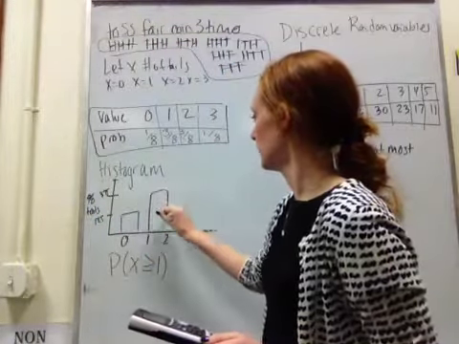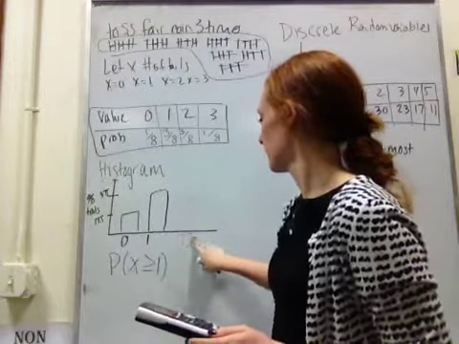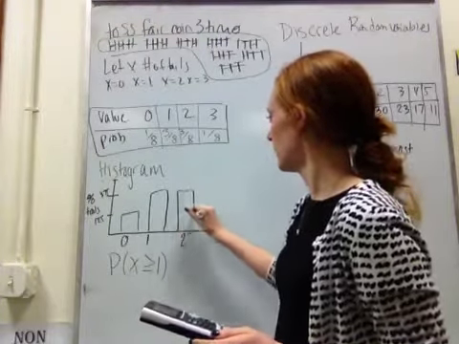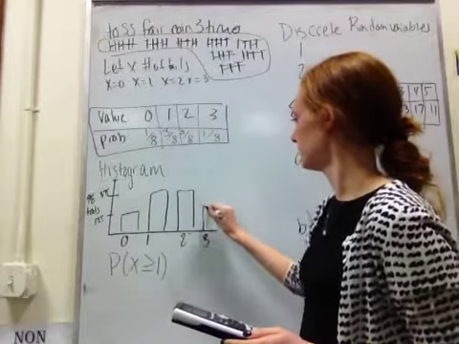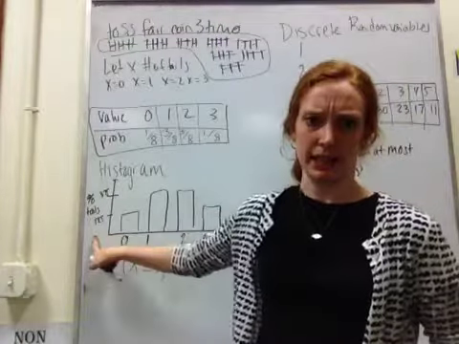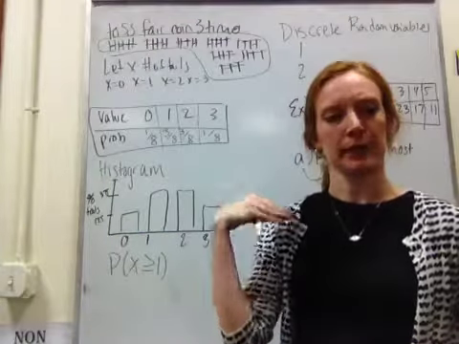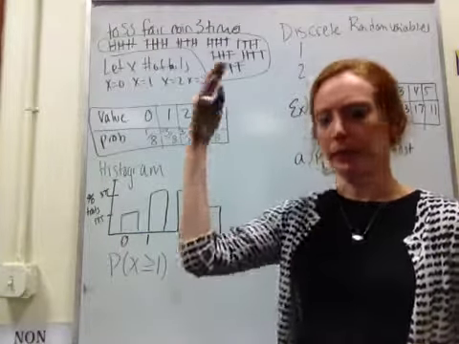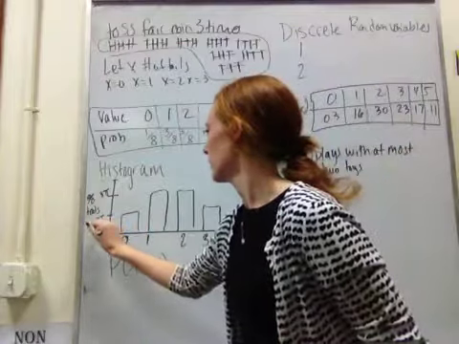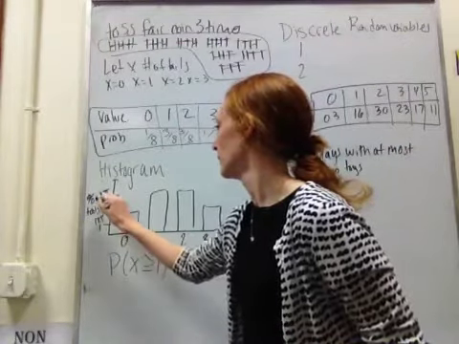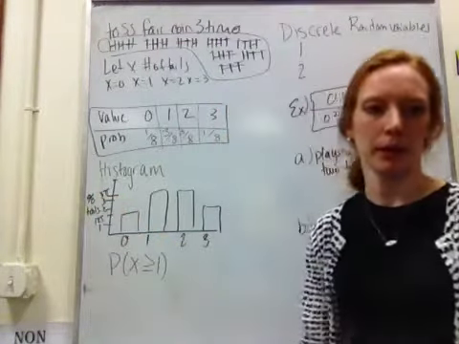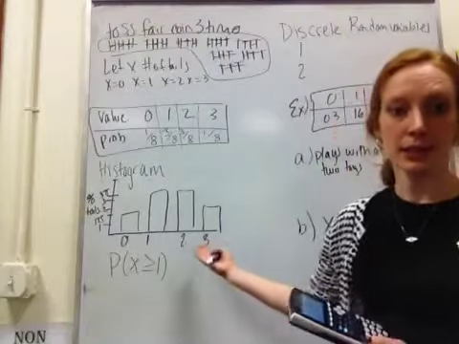We got 3/8 for 1. For 2, we also had that probability, and for 3, we only have that. This is bad scaling. Bad job, Miss Franklin. Make sure you scale it using tick marks like 0.1, 0.2, 0.3, 0.4. I really should have done that. 0.1, 0.2, 0.3, and then 0.375. Great, so there's our histogram.